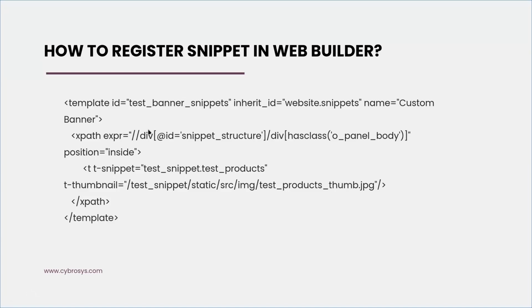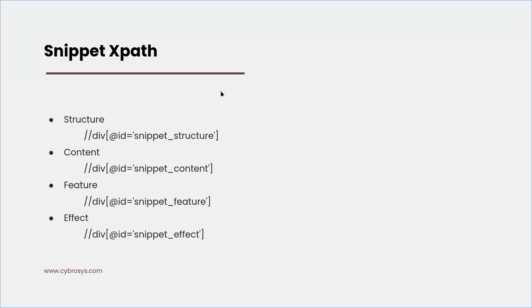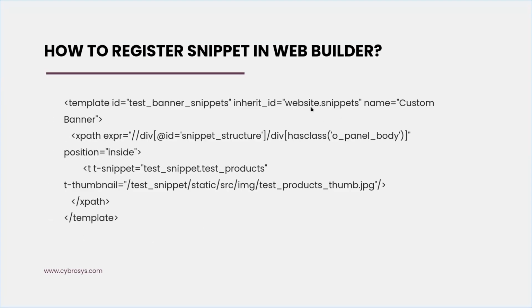First, in the XML file, we need to create a template tag, provide an ID, and inherit Odoo's already built snippet XML, which is in the website module. So website.snippets, and here we have four types of assets.